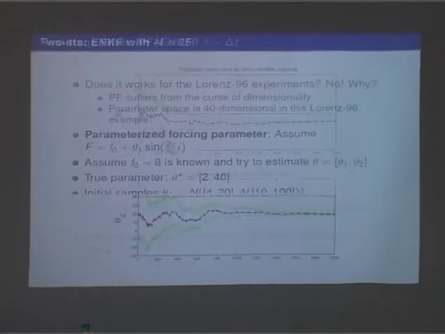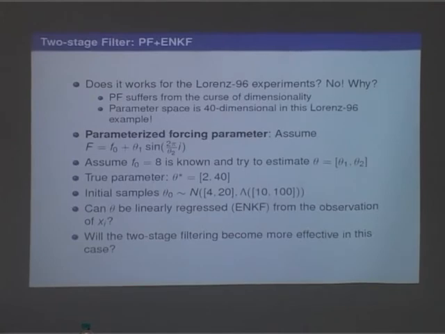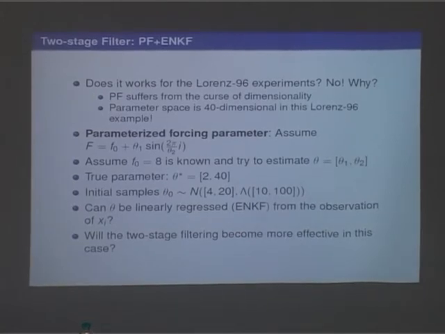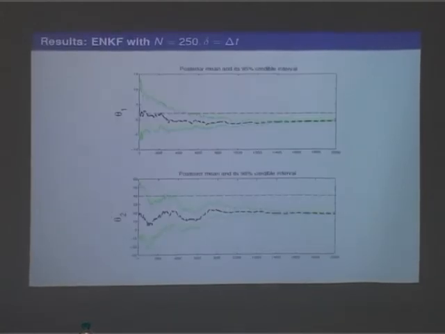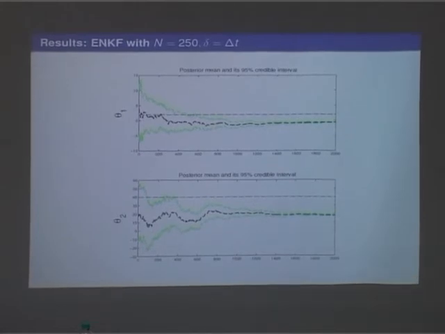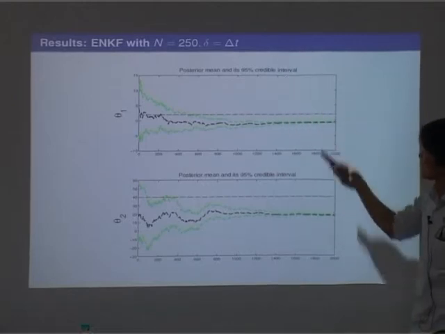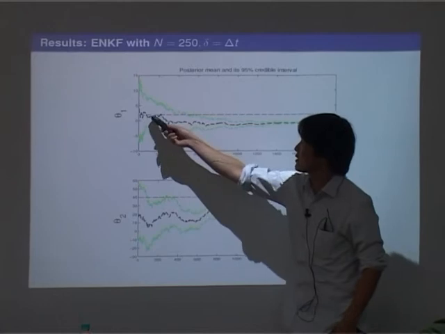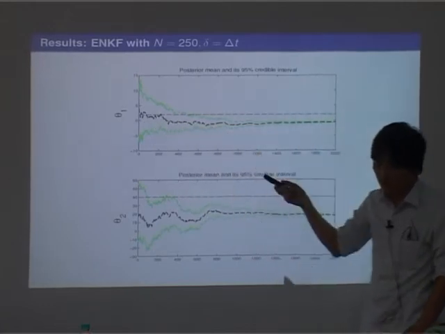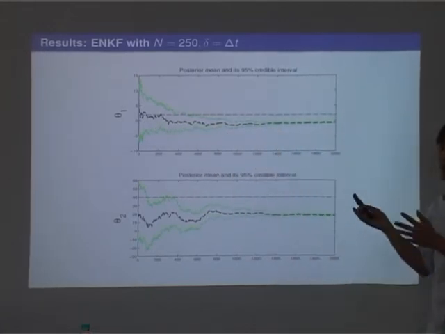Let's see if the EnKF works or not, and if the two-state filtering works in this case or not. This is the result when I run the augmented state with the EnKF. What you see here is the 95% credible interval, and in black is the mean of the distribution.